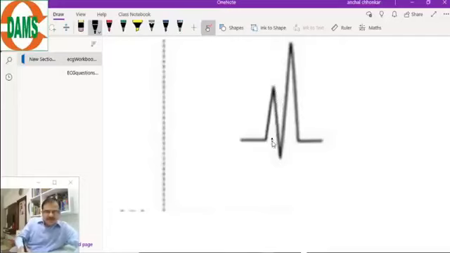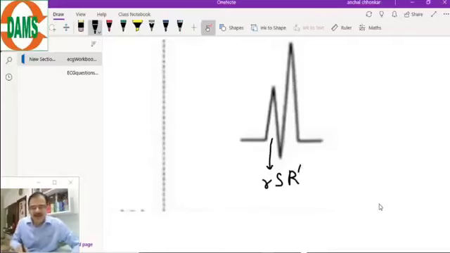The first wave is an R wave, the second wave is an S wave, and the third wave is an R dash wave, the second positive. So RS R dash. Very nice. So these are the examples of the QRS complex, how you will do the nomenclature.